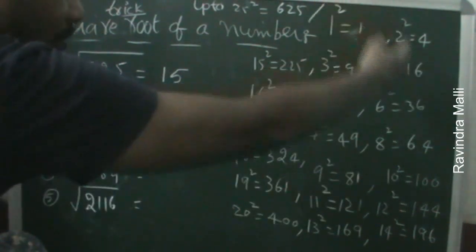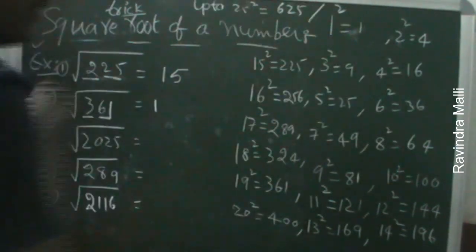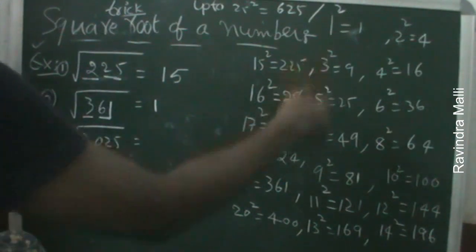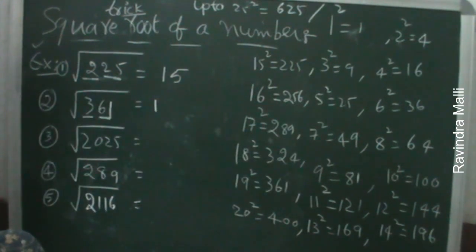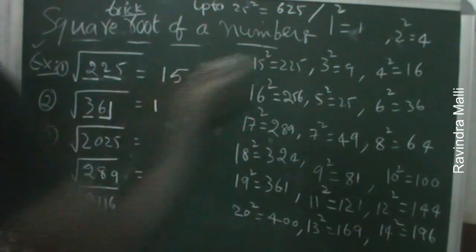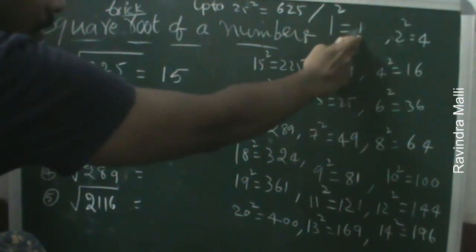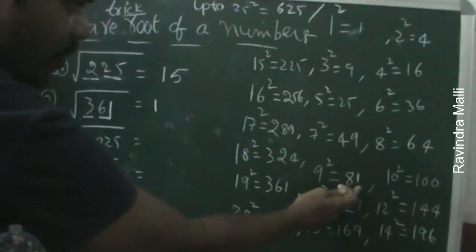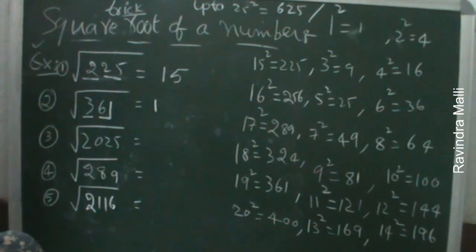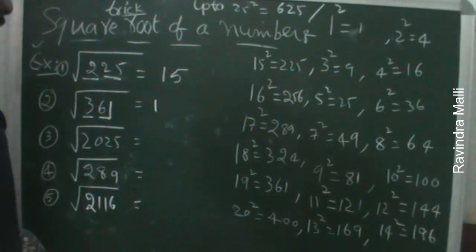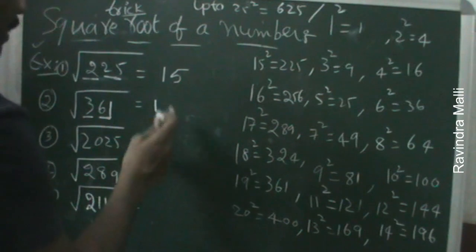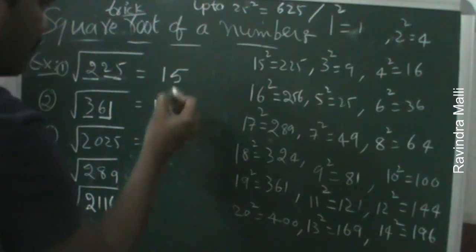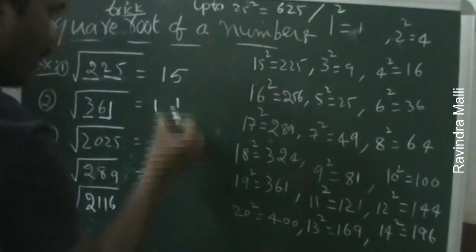Among the squares up to 10 squared, where is 1 possible as the last digit? 1 squared gives 1, and 9 squared gives 81, which also ends in 1. There are 2 possibilities here. The second digit may come from 1 squared or 9 squared.